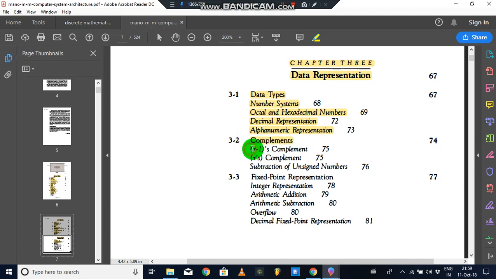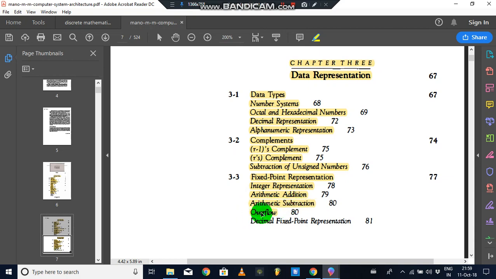First is the r minus 1 complement, second is the r's complement. Subtraction of unsigned numbers. Subtraction is a little bit complex compared to addition. Fixed point representation, integer representation, arithmetic addition, arithmetic subtraction, overflow condition.